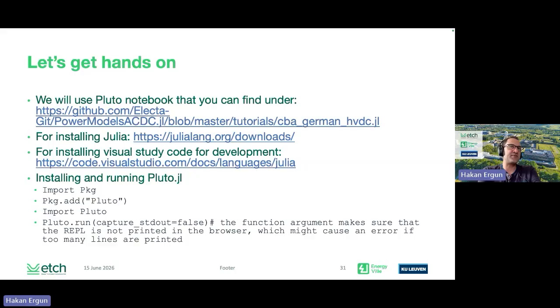If you need a coding environment, usually Visual Studio Code works best for it, which is again an open source development environment. And once you have installed Julia, you can just import the Pluto package and then run the notebook as it's on the repository.